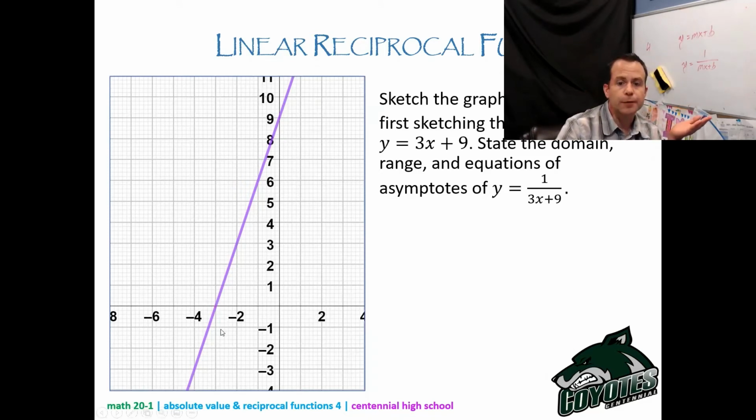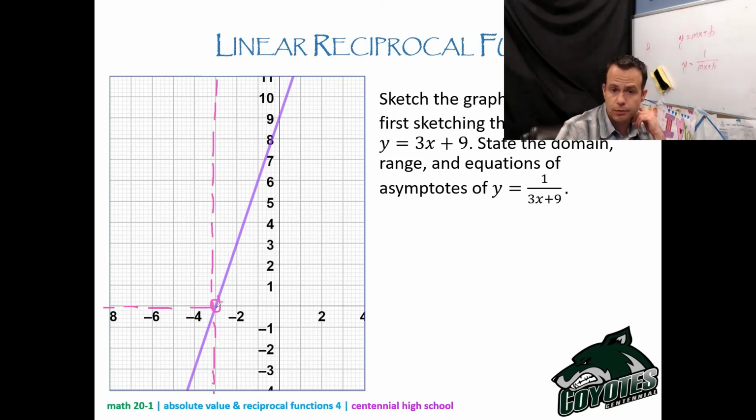So the first thing I'm going to think about is right at this x-intercept here. I know that at the x-intercept, I'm going to get a vertical asymptote, so I'm going to have a vertical asymptote at x equals -3. I know that I'm going to have a horizontal asymptote at y equals 0, right? So I can put those asymptotes in right away.